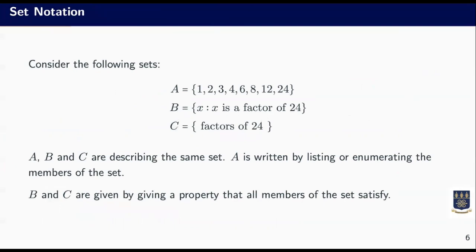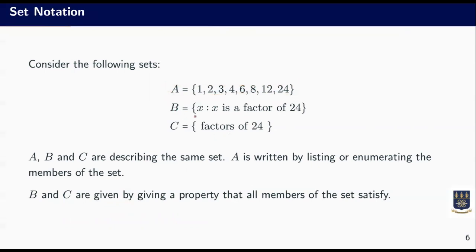We have three sets. The set A has the numbers 1, 2, all the way to 24. So it's got 3, 4, 6, 8, 12, and 24. It doesn't take long to see that these are factors of 24. So that set A is describing the factors of 24. But we can rewrite them in other ways.